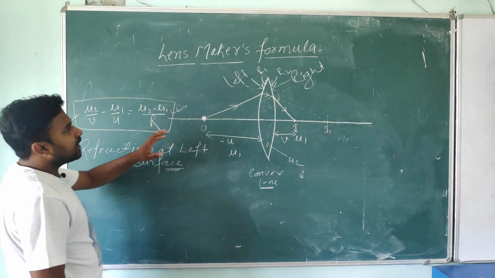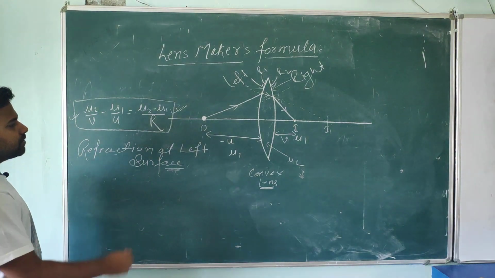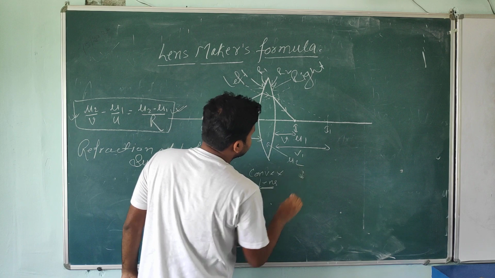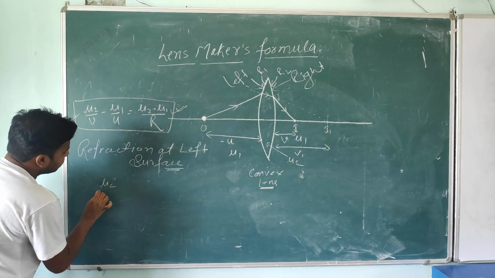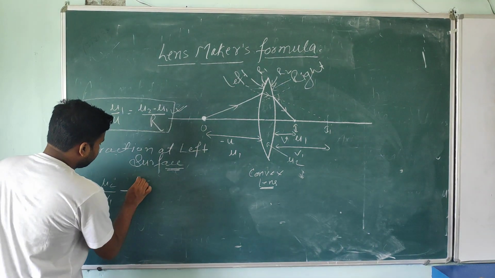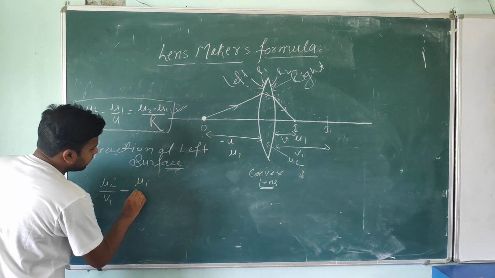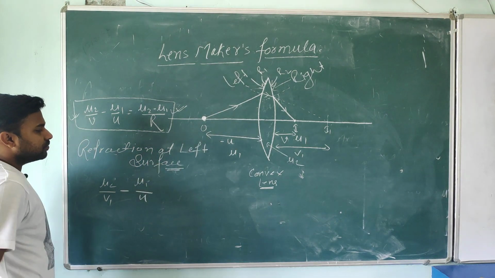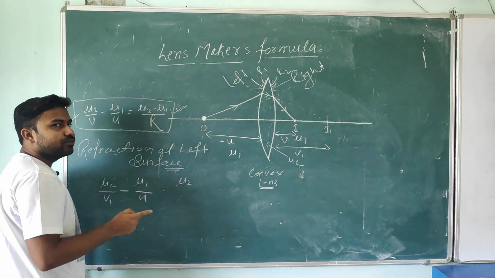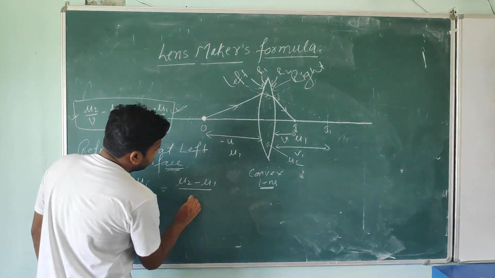Now if you apply this refraction formula at this first left surface, what can we write here? Where is the image forming? At V1 distance. So what can we write? Mu2 divided by V1 minus mu1 divided by u is equal to mu2 minus mu1 divided by R1.